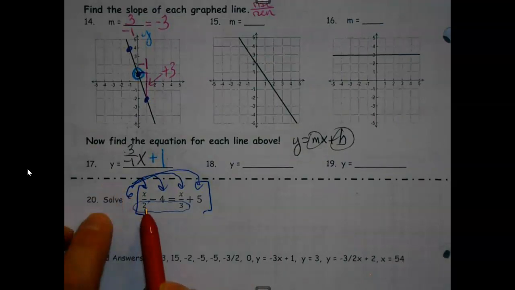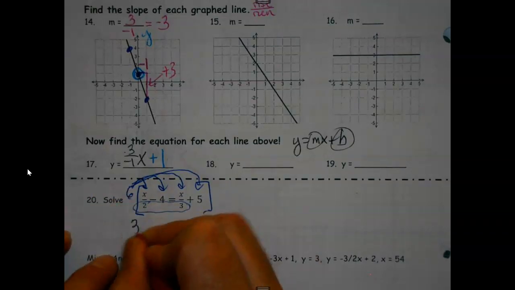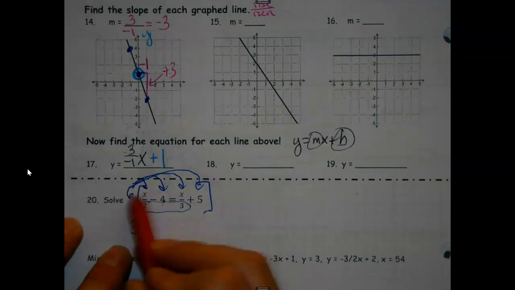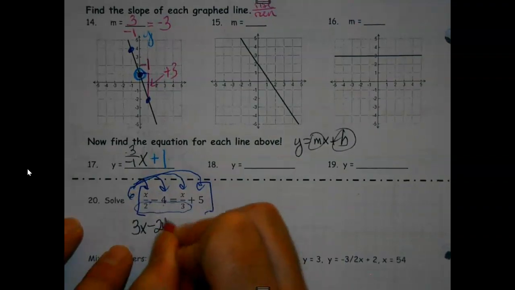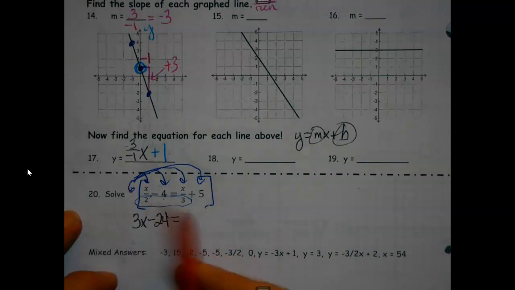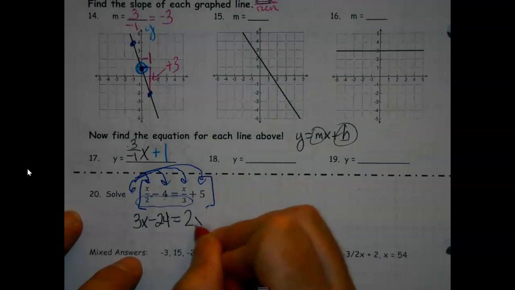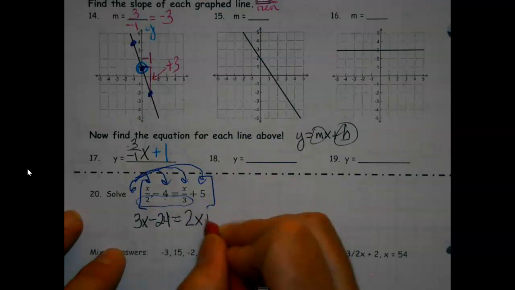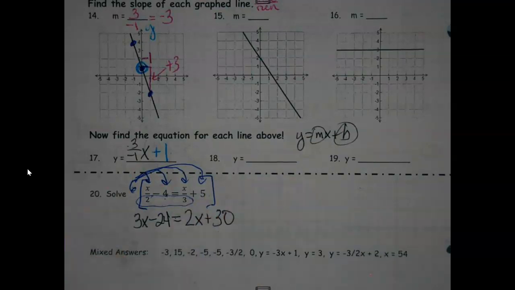Okay, this is on the bottom, so it's 6 divided by 2. 6 divided by 2 is 3. I'm going to leave my x. Here there is no fraction. It's 6 times negative 4. Oh, yeah. So if the number's on the bottom, if there's a fraction, 6 divided by 3 is 2. Here there is no fraction. We multiply. 6 times 5 is 30. And I solve my equation from there.